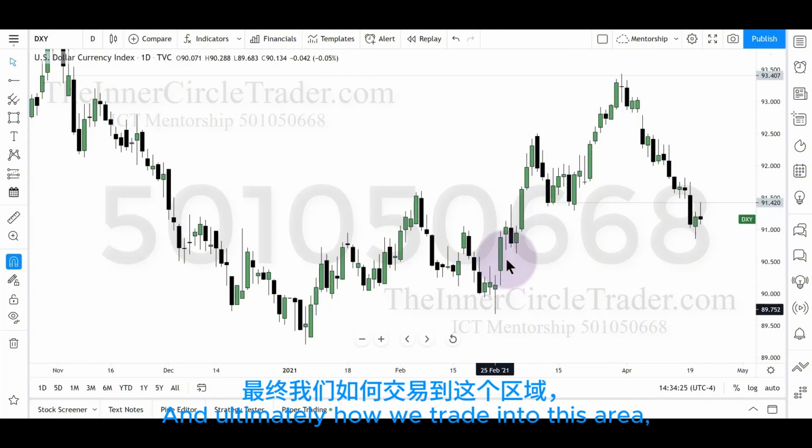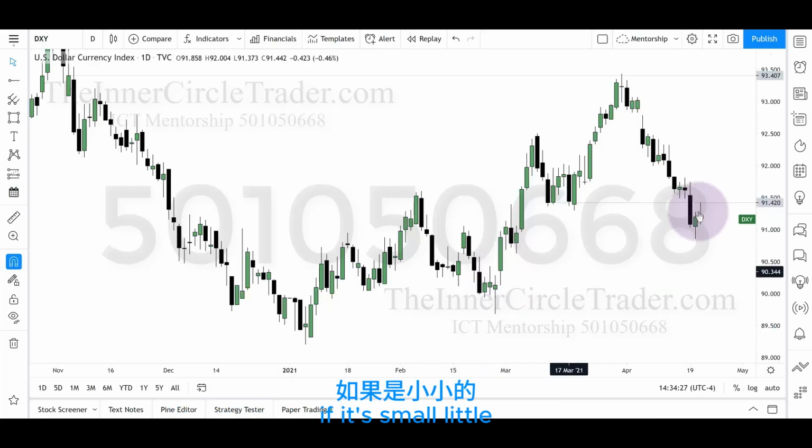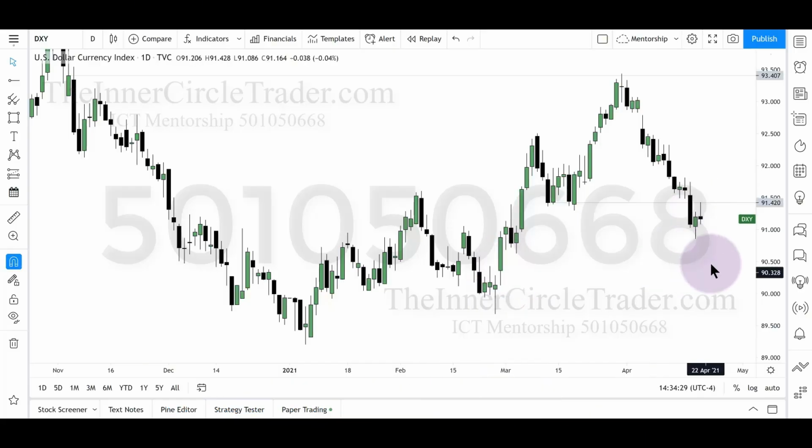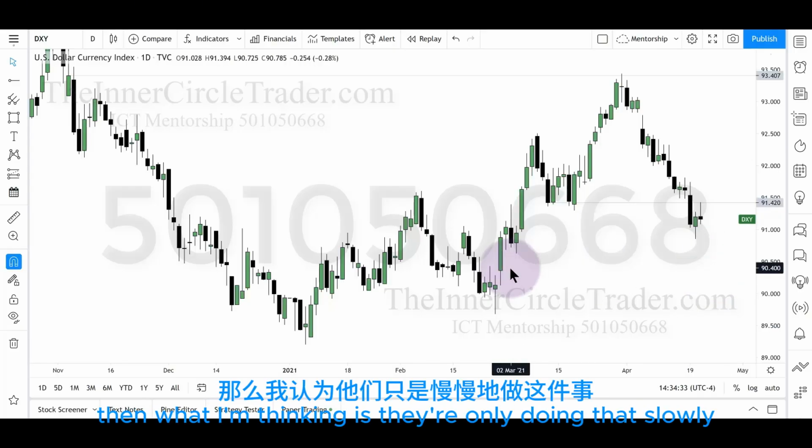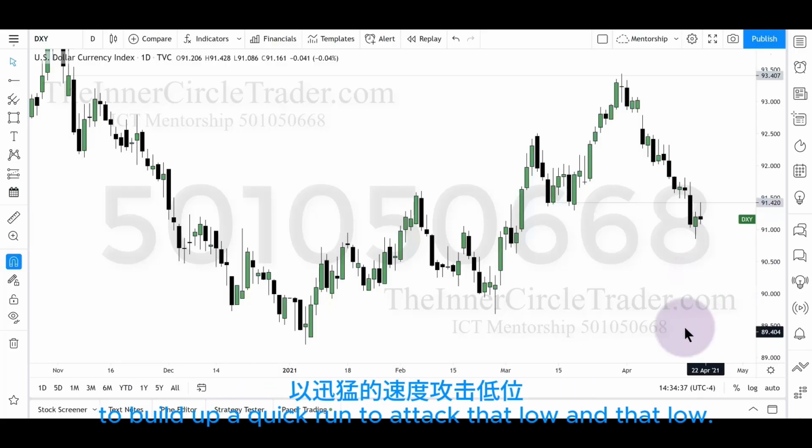And ultimately, how we trade into this area, if it's small ranges each day getting down into that, then what I'm thinking is they're only doing that slowly to build up a quick run to attack that low and that low.